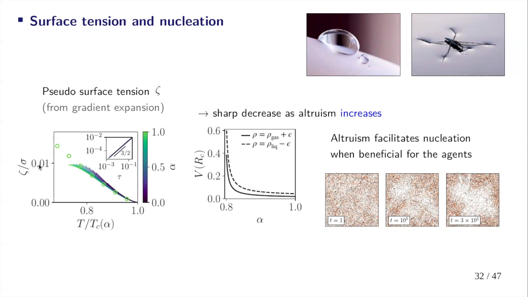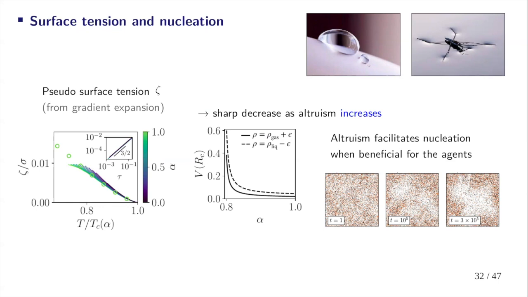And you measure this pseudo surface tension with respect to the distance to the critical point, and you look at the evolution of this quantity, the surface tension, and you assess the quasi-potential as a function of the fraction of altruists in the system.